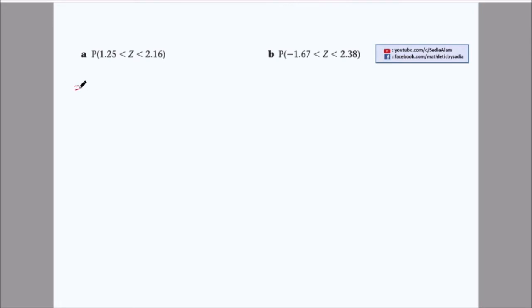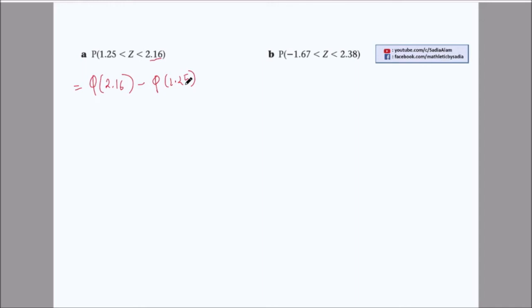For example, this one, we have to find z greater than 1.25, less than 2.16, right? So we can find phi of this greater value minus phi of this one, and then you can find the value from the table.